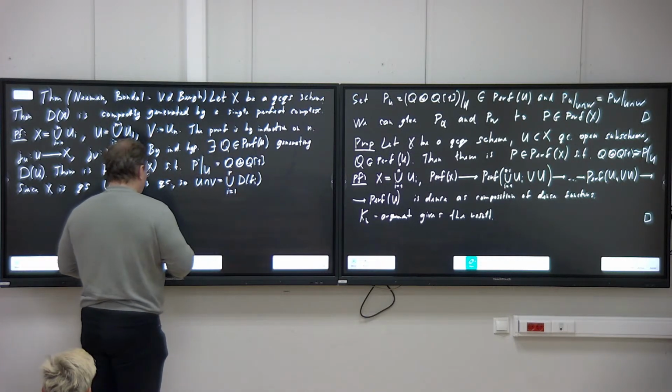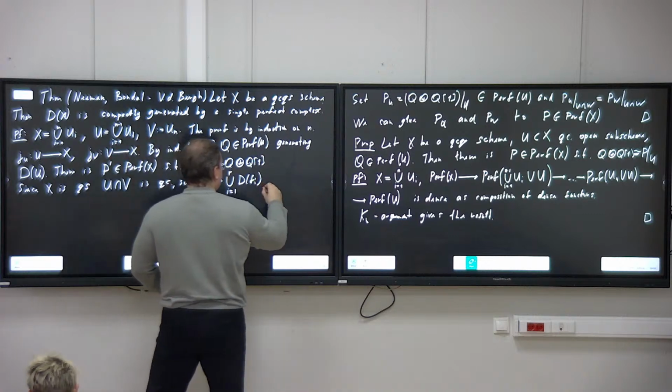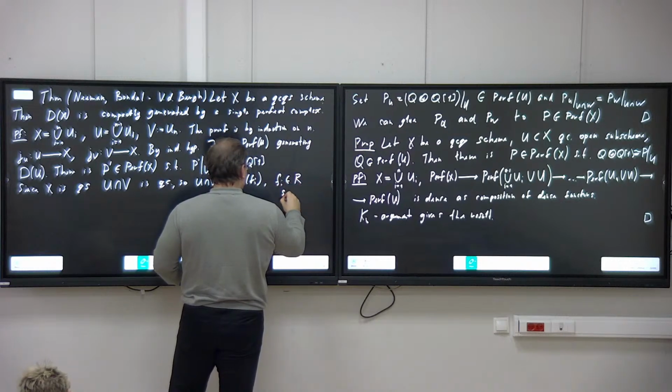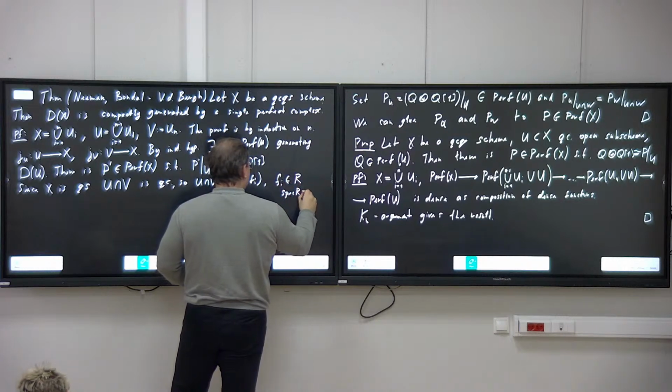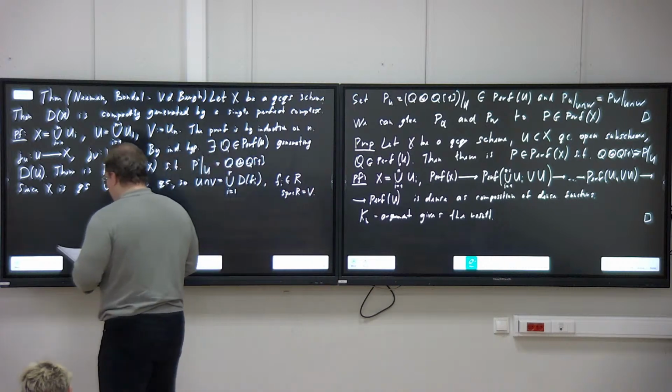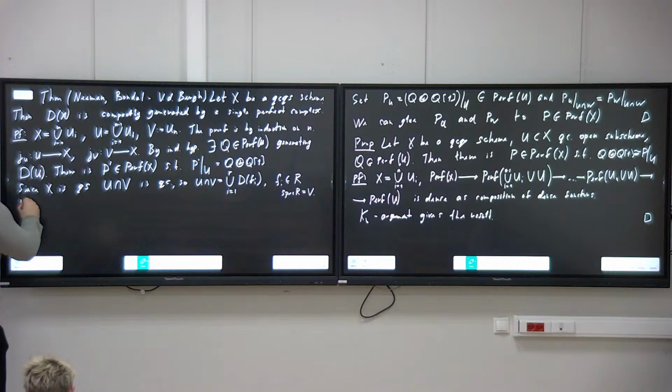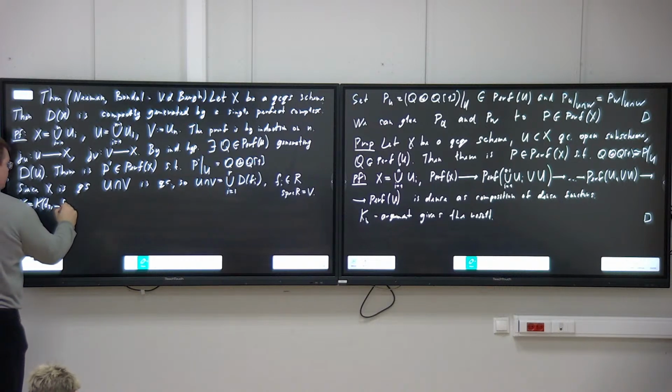So I get myself a bunch of elements. So Fi are elements in the ring R, where I assume that the Spec of R is V. And let me also, as before, use K as a shorter notation for the Koszul complex of this sequence of elements.